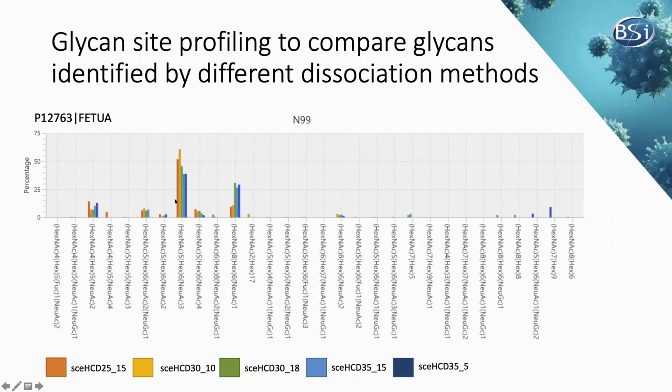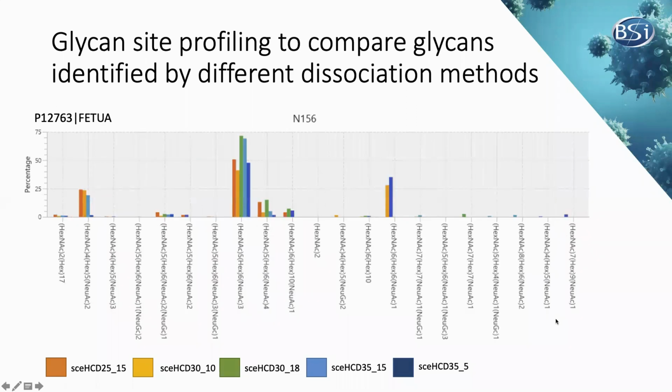For the most part, what I was seeing was that if the glycan is fairly abundant, there's really no issue in detection. Most methods will detect it if it's an abundant glycopeptide. For the lower abundance ones, there is quite a bit of variability where certain methods perform better than others in terms of detecting those glycans.